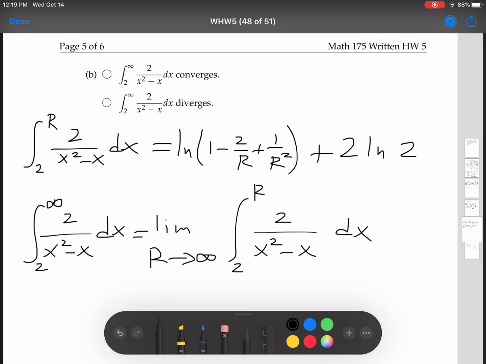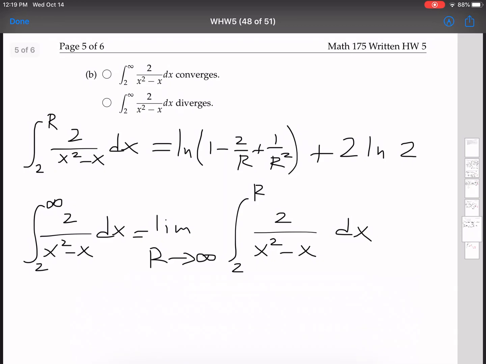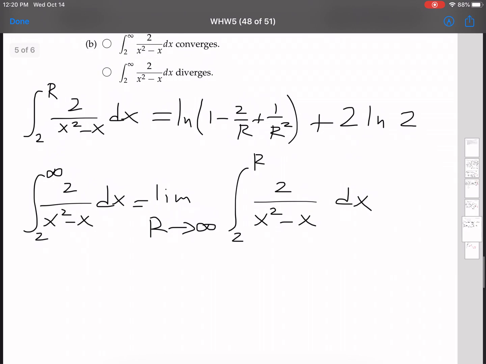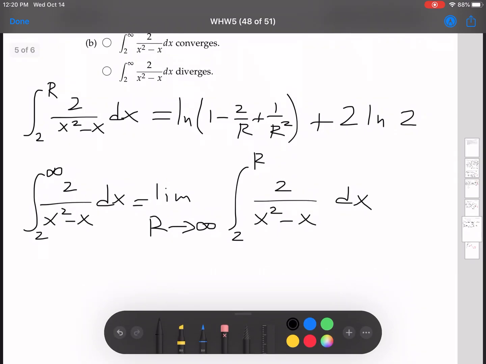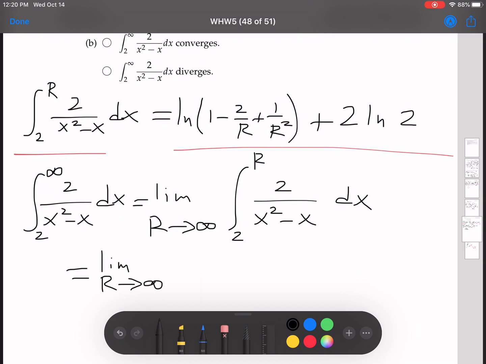Which is equal to the limit as r approaches infinity of ln of 1 minus 2 over r plus 1 over r squared, plus 2 ln 2.